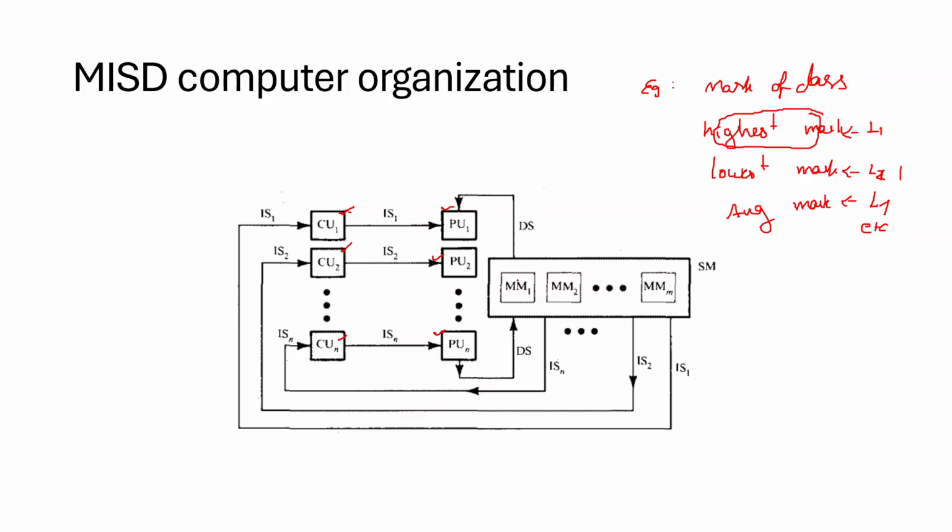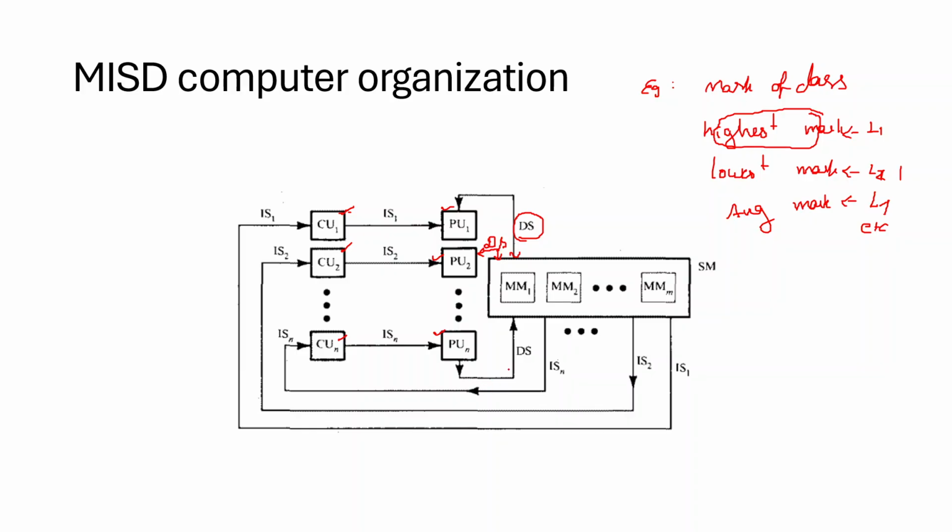Here we have a shared memory module. It transfers the same data. The same data is given to processing element 1, the same data is transferred to processing element 2, and the same data is transferred to processing element n also.